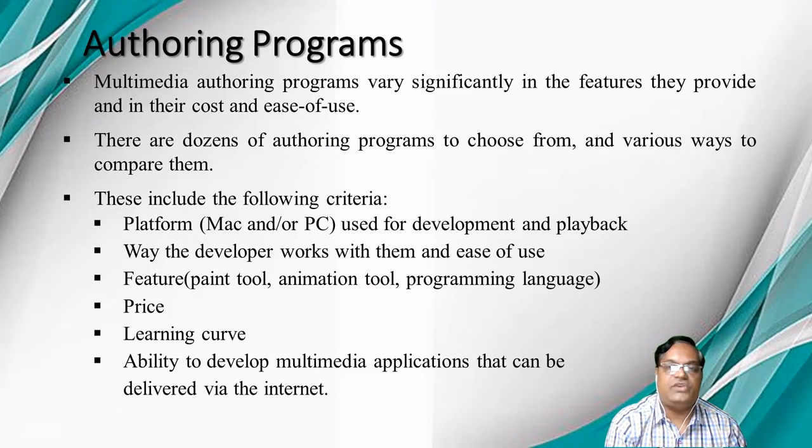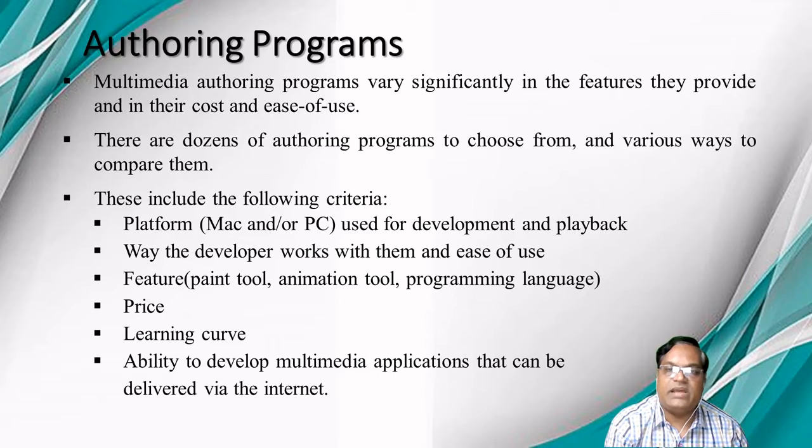The following criteria you should consider. The first thing is the platform on which the authoring program works. The platform may be Mac, or Windows, or iOS. So which kind of platform the authoring program uses to develop the multimedia titles, the playback requirement for the multimedia titles, as well as the way the developer works with them and ease of use.